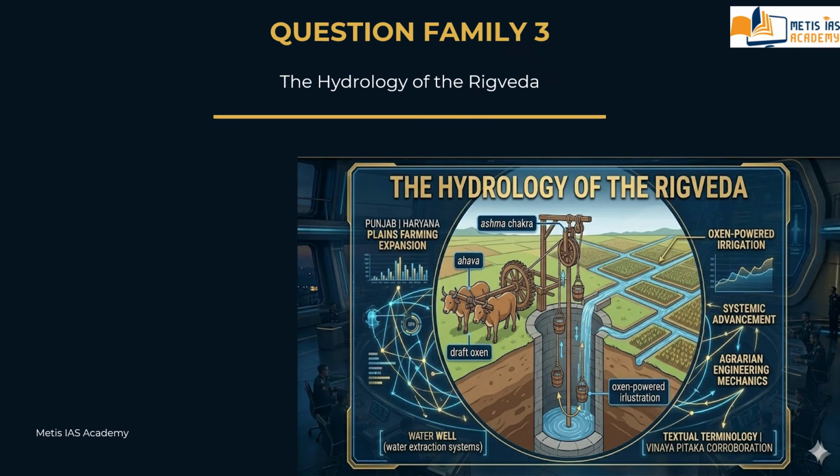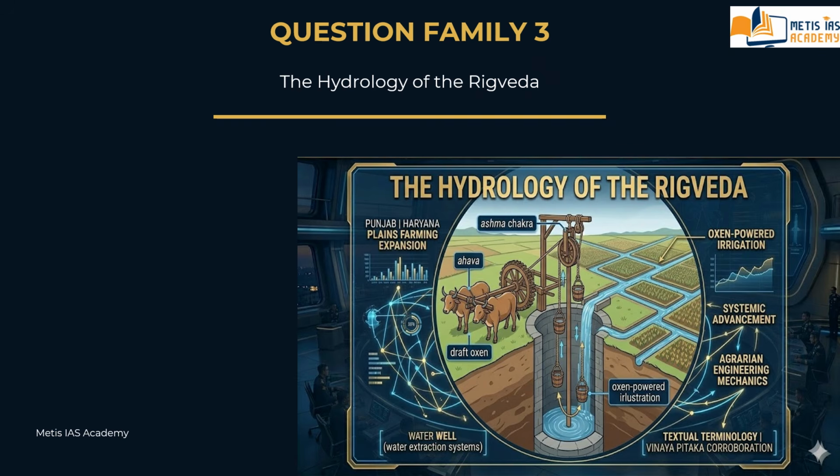Combined with implements like the Parashu and Datra and the use of draft oxen, you have a complete technological system that enabled advanced plains farming. So in these, all the statements are structurally correct. So the option is B.